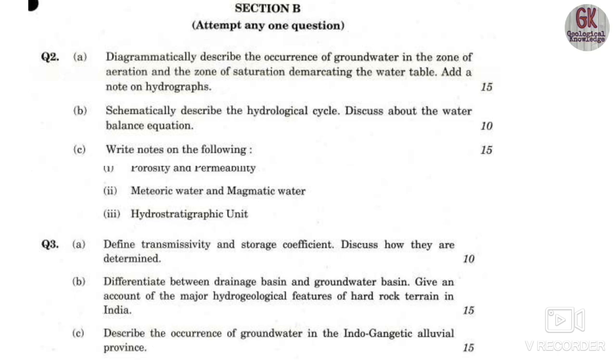Question number 3c is describe the occurrence of the groundwater in the Indo-Gangetic alluvial province. There are groundwater provinces in India that we have talked about in detail: the Himalayan groundwater provinces, the Indo-Gangetic plain groundwater provinces, the Deccan Trap provinces, the southern hydrogeological provinces.